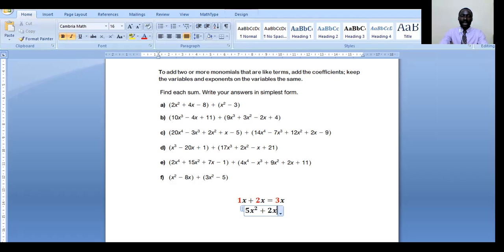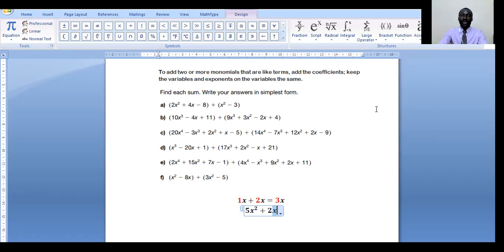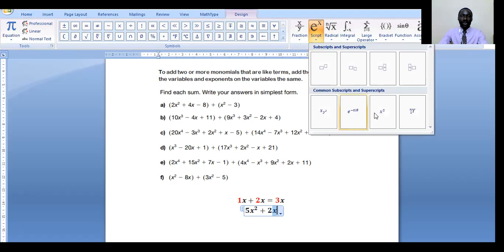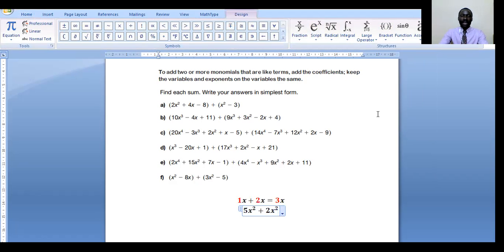So we have 5x squared that we have to add to 2x squared. These quantities, as you can see, are monomials. They are like terms, one term each. The first expression is 5x squared, and the second expression is 2x squared. This way, we have to add the coefficients, the numbers standing right in front of these x squares.